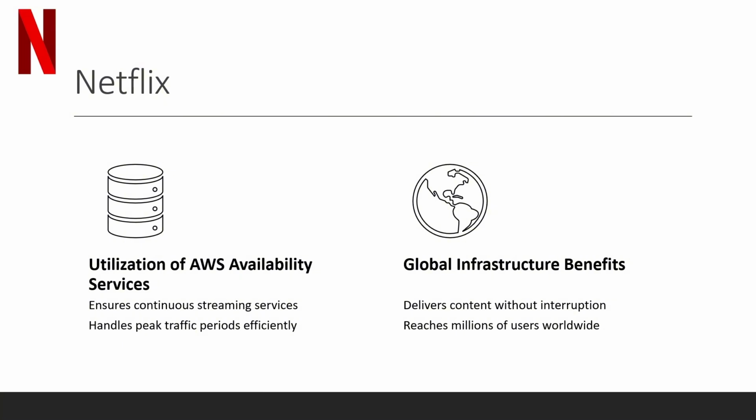And we're going to be looking at Netflix. Now, Netflix leverages AWS infrastructure to maintain a 24/7 streaming service, utilizing a wide range of AWS services that ensure high availability, scalability, and reliability. They use EC2 instances to handle core tasks like video streaming and managing recommendation engines.